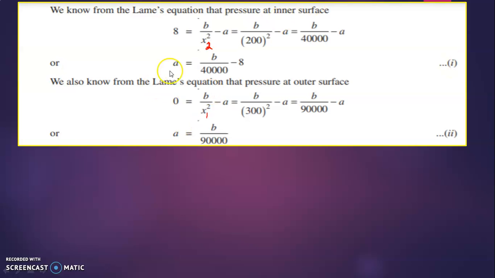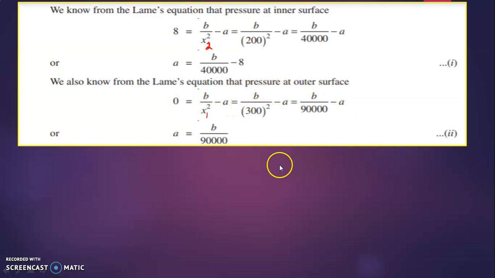Now I apply the same theory at the outer surface. The formula is same, only this R2 becomes R1 now. So at the outer surface, the formula is Px is equal to B divided by R1 square minus A. What is Px?